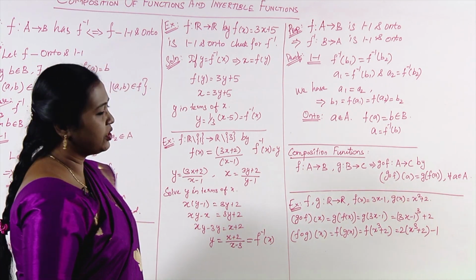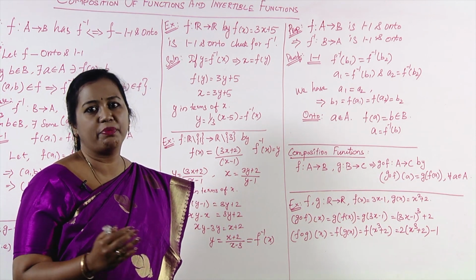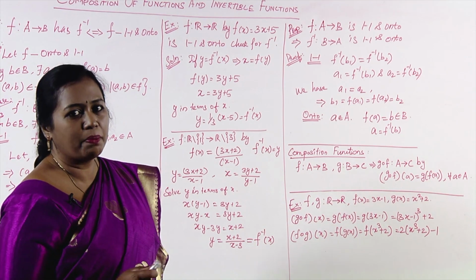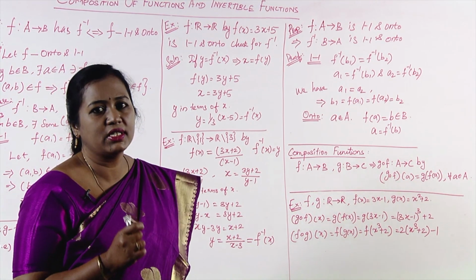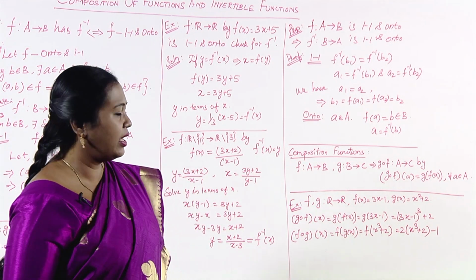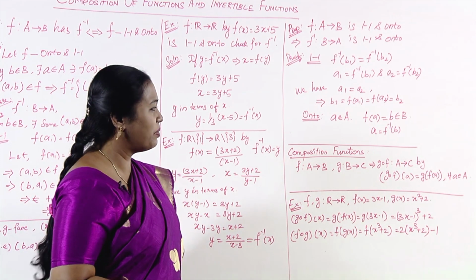Now, composition of functions. So long we have been seeing about the inverse of a function. Now, we shall see about composition of functions. It is an important kind of binary operation that we will study, and something that will constantly appear in the upcoming courses also.